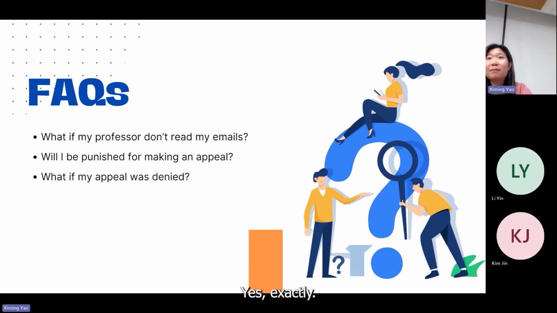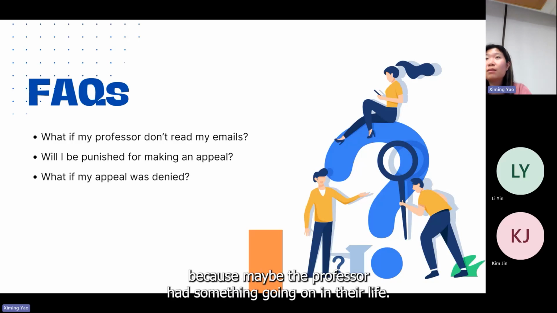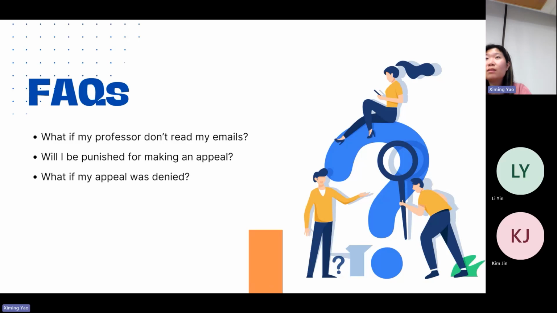Yes, exactly. Presumably that's the case, unless maybe there's a counter procedure where the professors can appeal your appeal because the professor had something going on in their life. That's just a joke. But yes, your appeal is granted if they don't respond. Good answer.